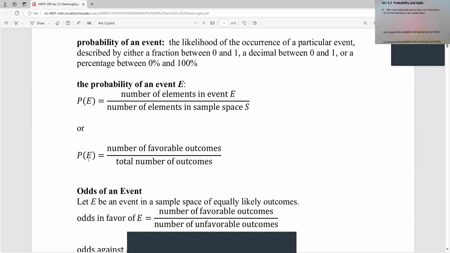Another way to talk about the probability of a certain event is the number of favorable outcomes over the total number of outcomes. What we mean by favorable is, out of all the total outcomes, how many of them match what we are talking about in event E.